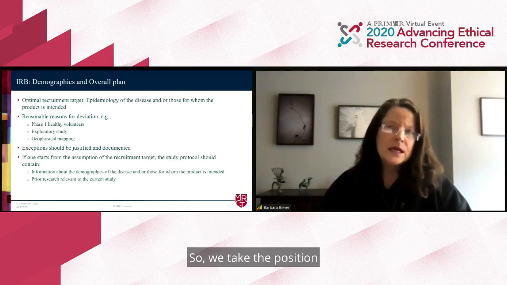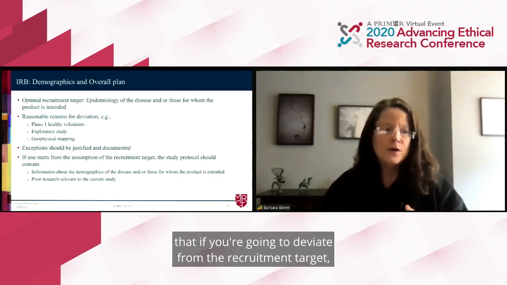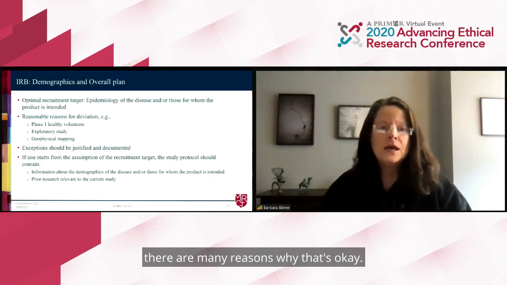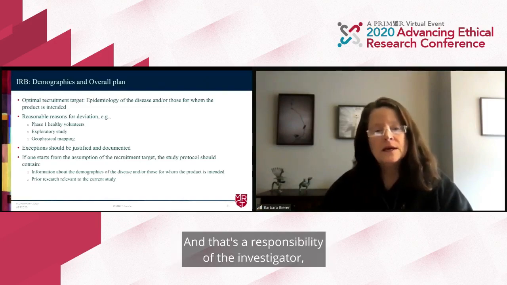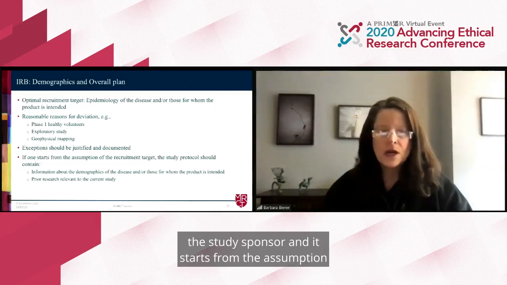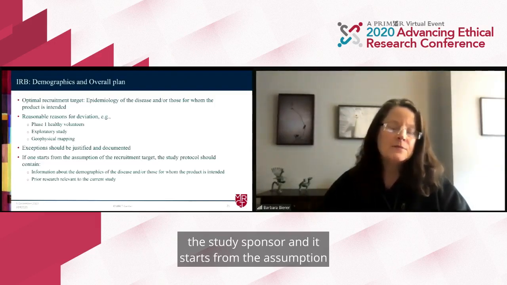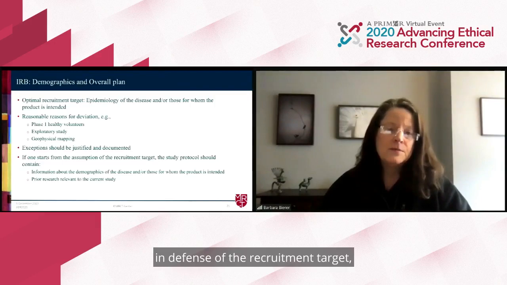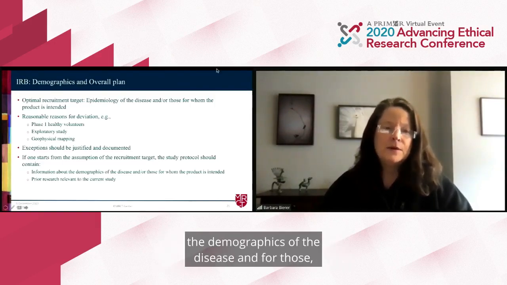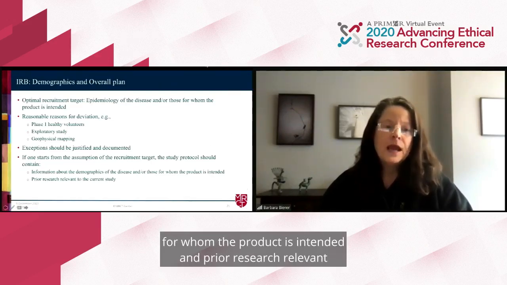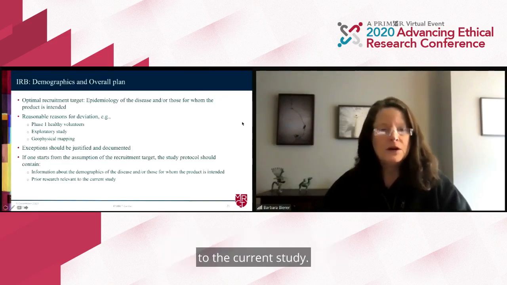So we take the position that if you're going to deviate from the recruitment target, there are many reasons why that's okay, but those exceptions should be justified and documented. That's a responsibility of the investigator and the study sponsor, and it starts from the assumption and defense of the recruitment target, but then the study protocol should contain information about the demographics of the disease and for those for whom the product is intended, and prior research relevant to the current study.